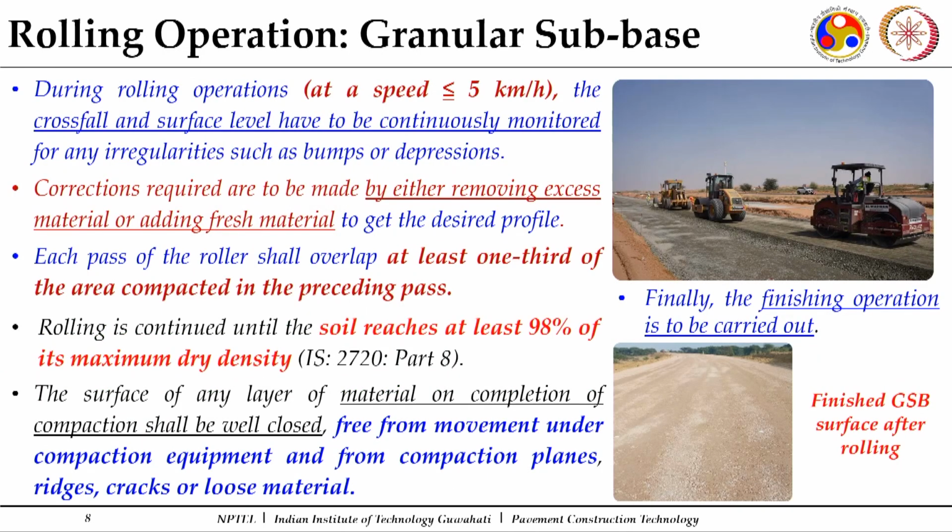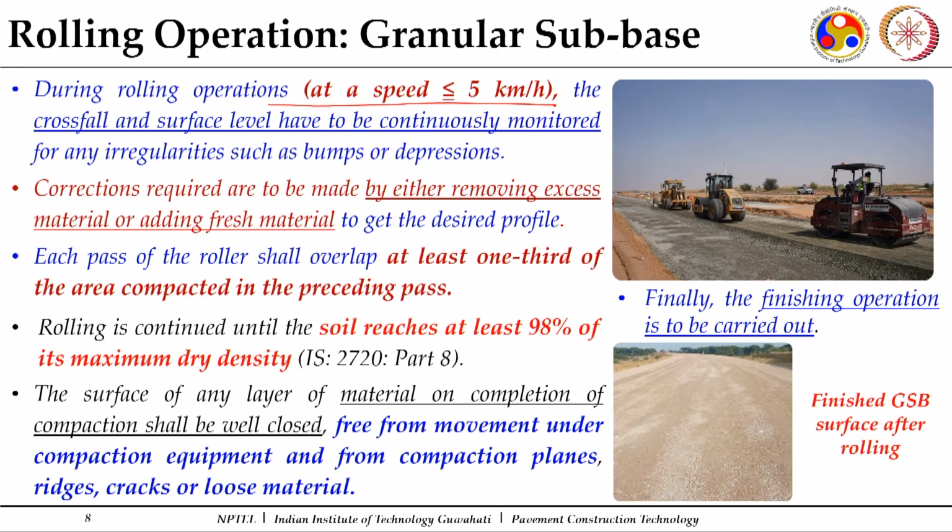Now, during this compaction process also, we normally prefer to have the speed of the rollers less than around 5 km/h, and the cross slope, as I mentioned, is very important. Not only this layer, even the other layers also, the cross slope is very important, but here the granular subbase courses are playing the role of drainage layer also.